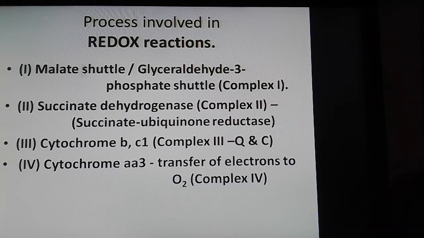And now here the malate shuttle is very much useful for transferring the electrons with the reduced NADH into the mitochondria because of the impermeability of the mitochondrial membrane to NADH. So that is the first step in taking out the electrons with the NADH under the enzyme coenzyme complex called complex 1.